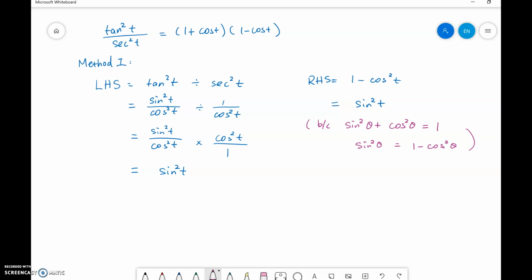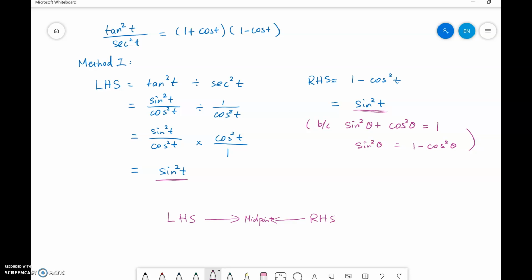For this situation, when I simplified the left hand side, I didn't go all the way down to the right hand side. But when I work on the left hand side and on the right hand side, both end up with sine squared t. So pretty much I'm working from the left hand side trying to go to the right hand side, but it's not quite working, so I'm going from the right hand side, trying to simplify it to go to the left hand side, and hopefully they meet in the midpoint.